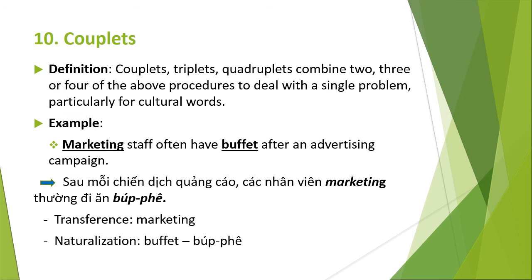For example, marketing staff often have buffets after an advertising campaign. And you can see in this example we combine two kinds of translation procedure: transference for marketing and naturalization for buffet.